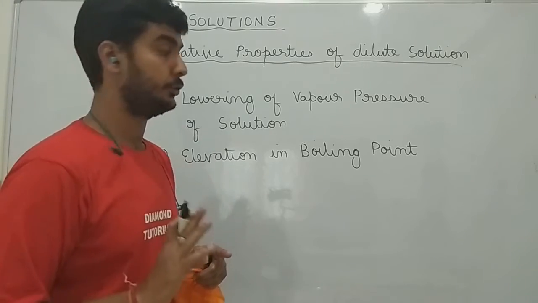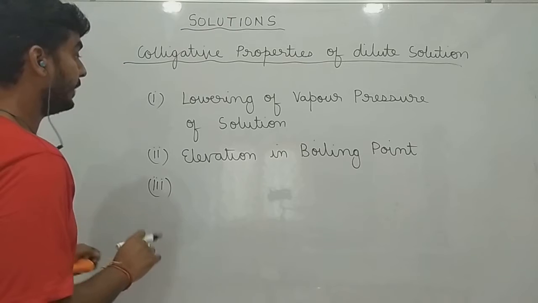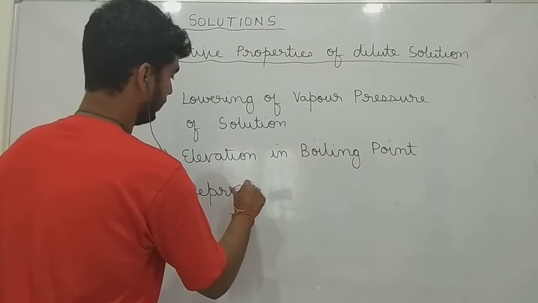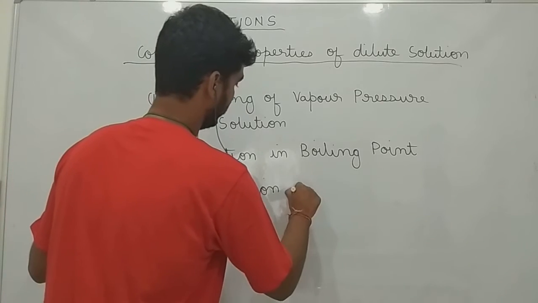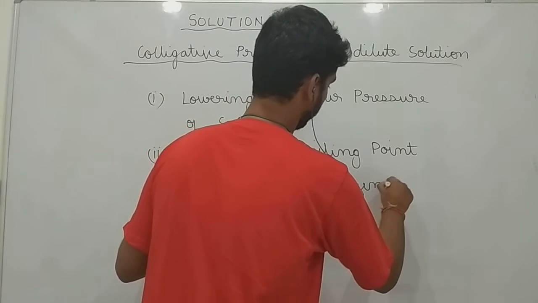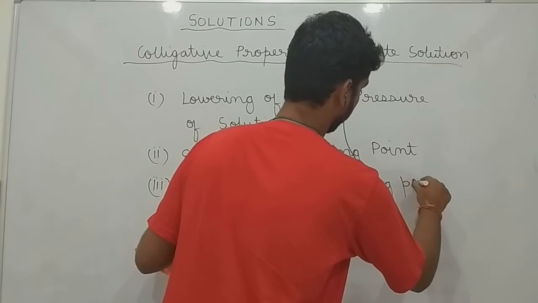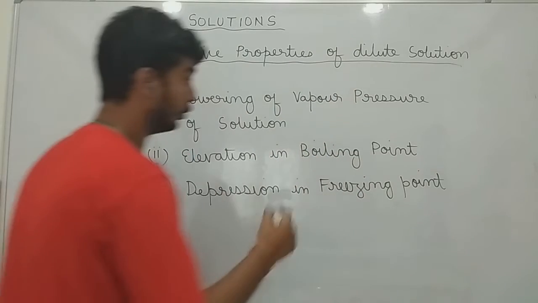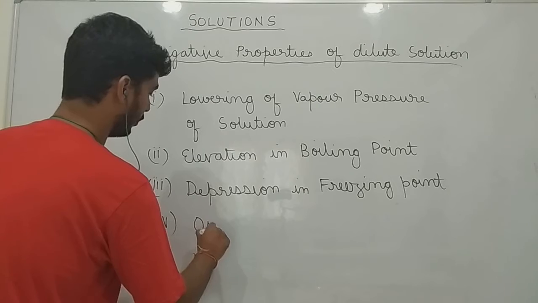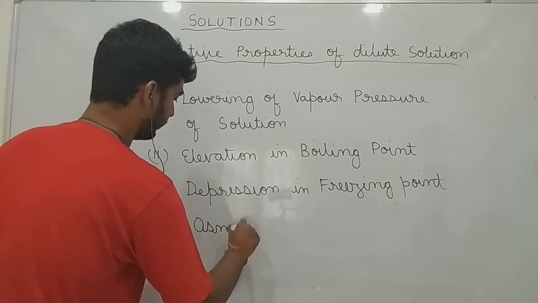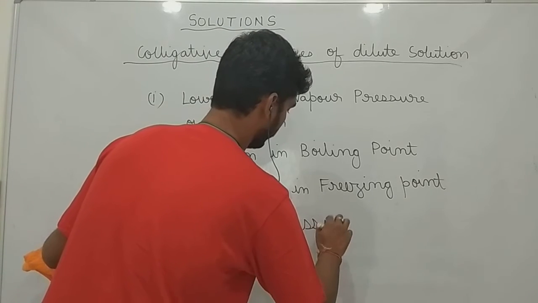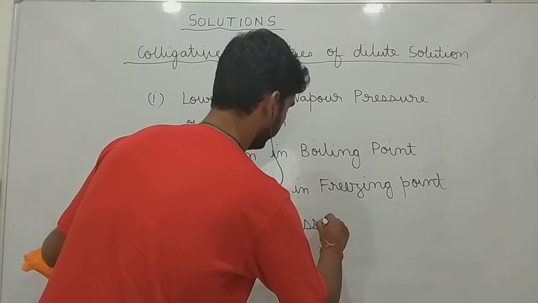The third will be depression in freezing point of the solution. And the fourth colligative property which we'll be talking about is osmotic pressure of the solution. I am not writing "of the solution" for each of the properties.